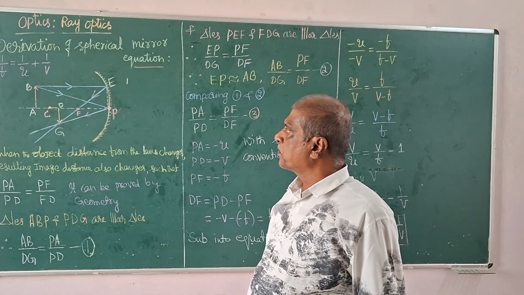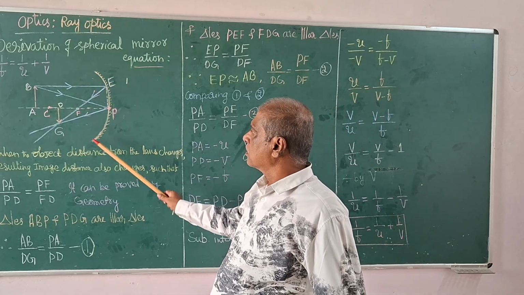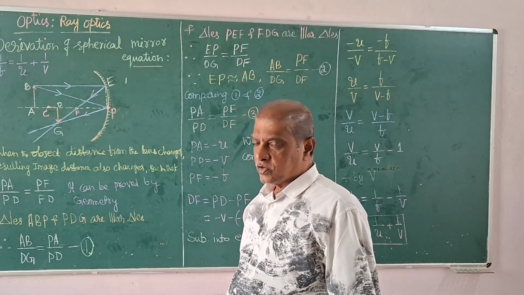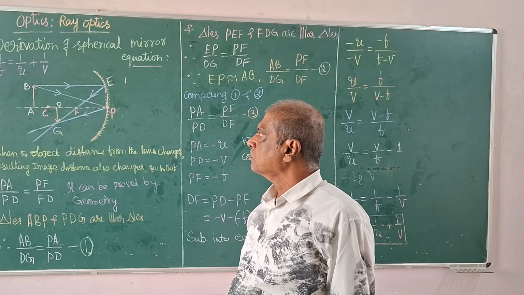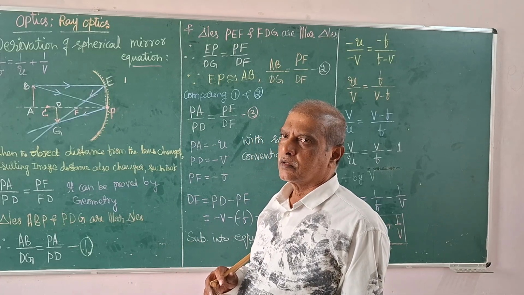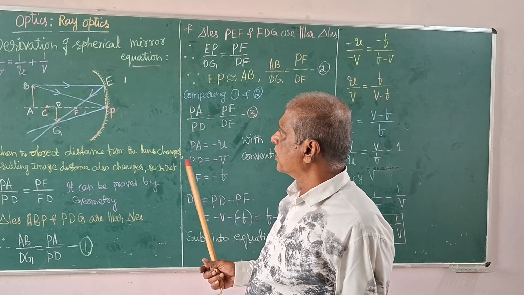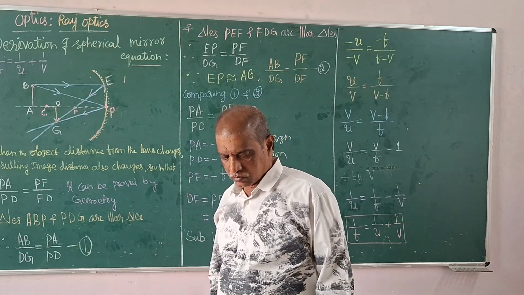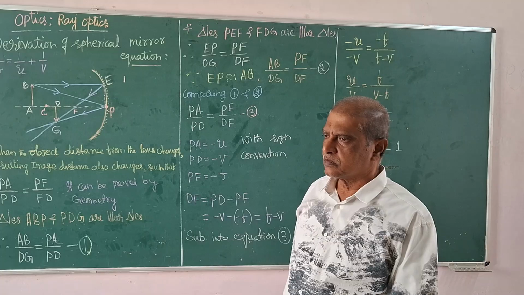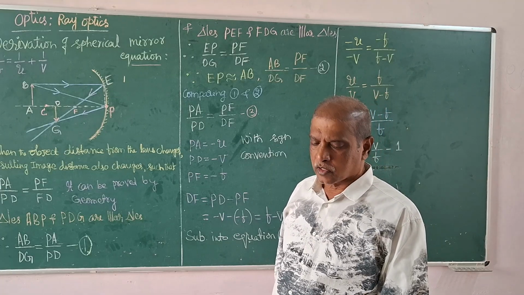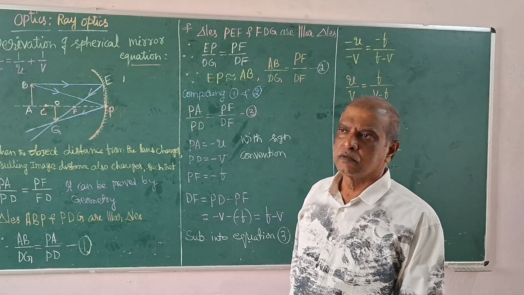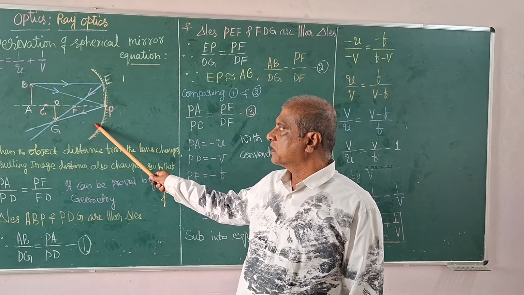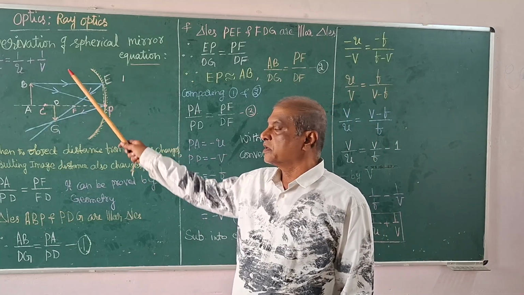This equation is applicable for both concave mirror as well as convex mirror. How do we get this equation? To get that equation, we should have a diagram like this. We have drawn many diagrams, for both concave and convex mirrors. You can use any one of them. I am using this for the derivation.